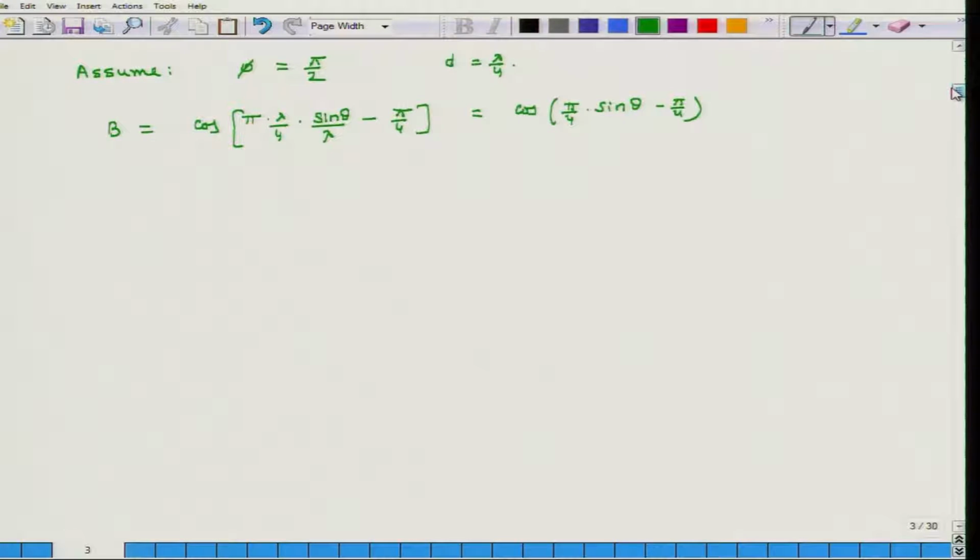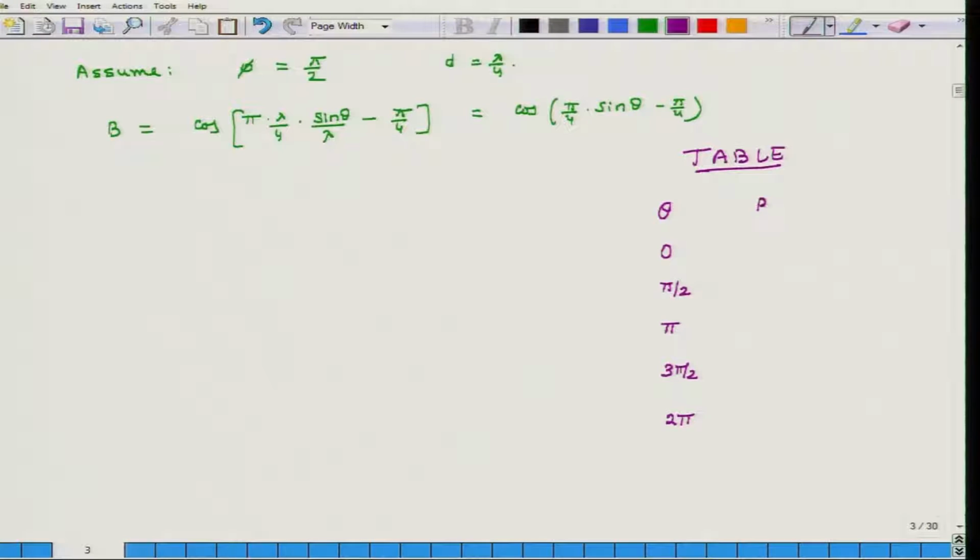So, first let us construct a table. We will construct a table for B. So, let us say theta can have different values: 0, pi over 2 radians, pi radians, 3 pi over 2 radians, and then of course 2 pi.